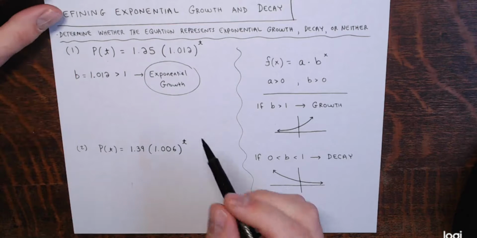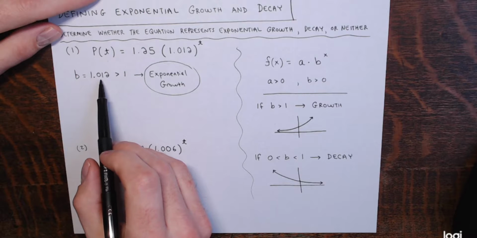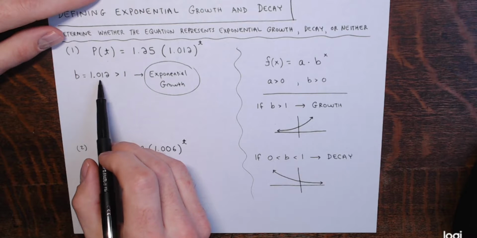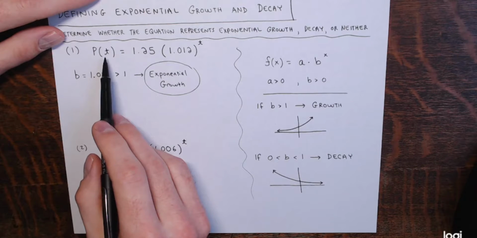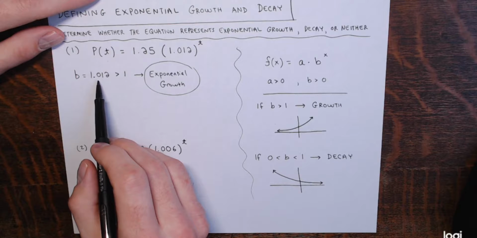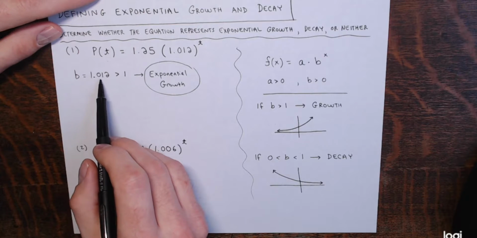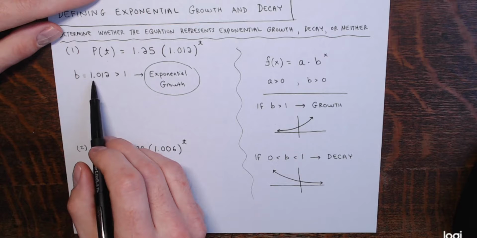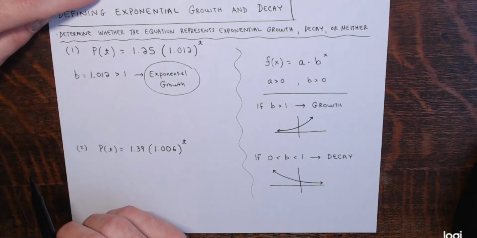And then this growth factor of 1.012 tells me also that when I increase t by 1, the output gets increased by 1.2%, right? This is 0.012 greater than 1, more than 1, and 0.012 is 1.2%.